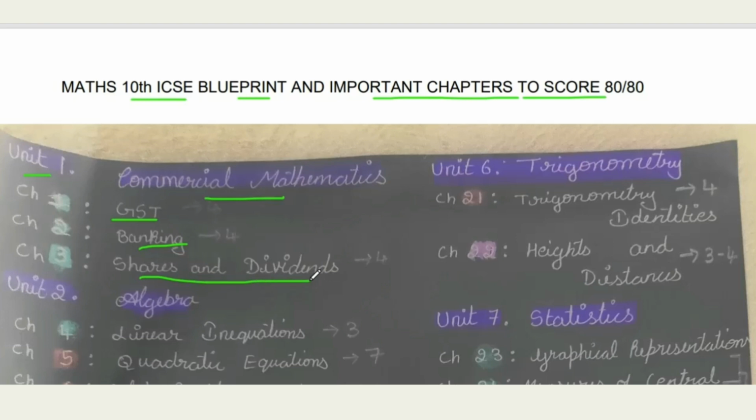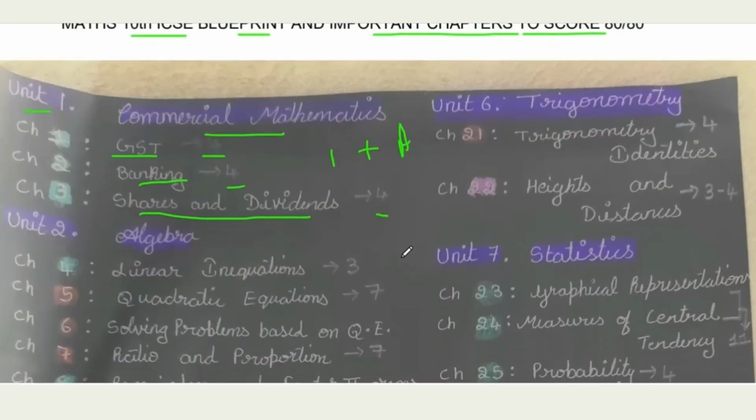Each chapter carries 4 marks weightage, which means 1 MCQ plus a part A question. Okay, and you could do these three chapters easily, as they are very easy chapters, as you may have practiced them previously.